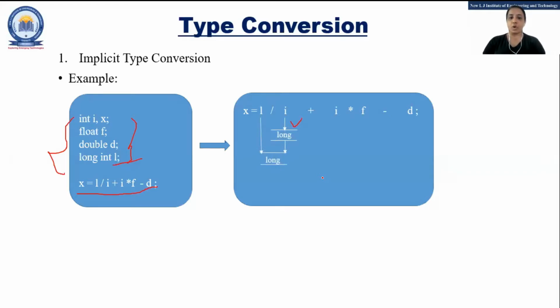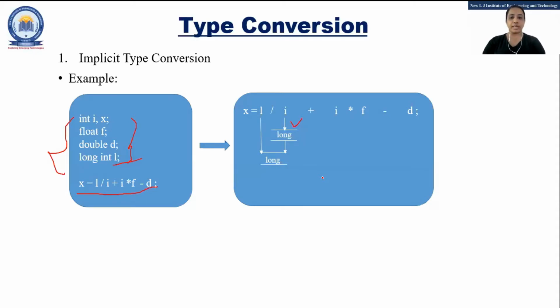The next step: L is long and this is long integer, both the division will be done and the answer is in long integer. You need to take care of that also. Fine. Which process is supposed to be done next? First multiplication and division, left to right.